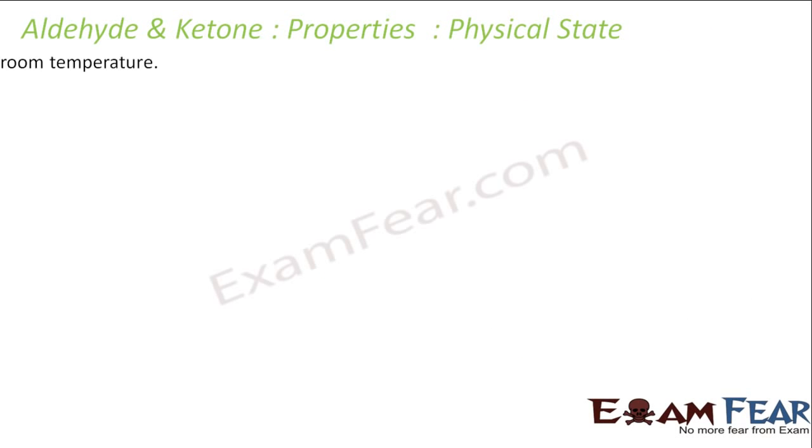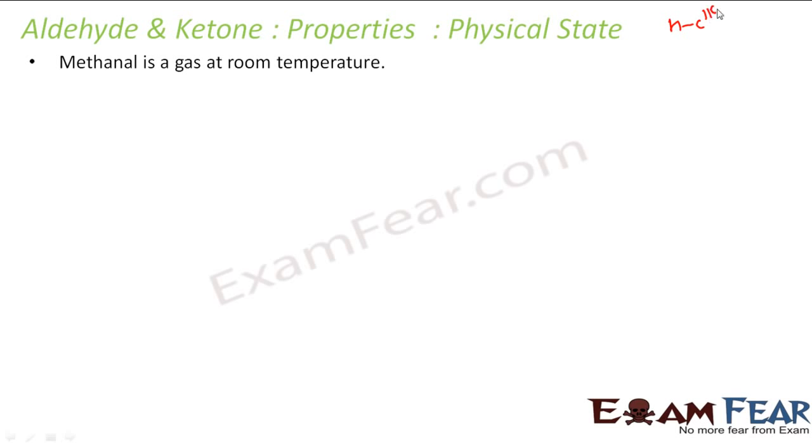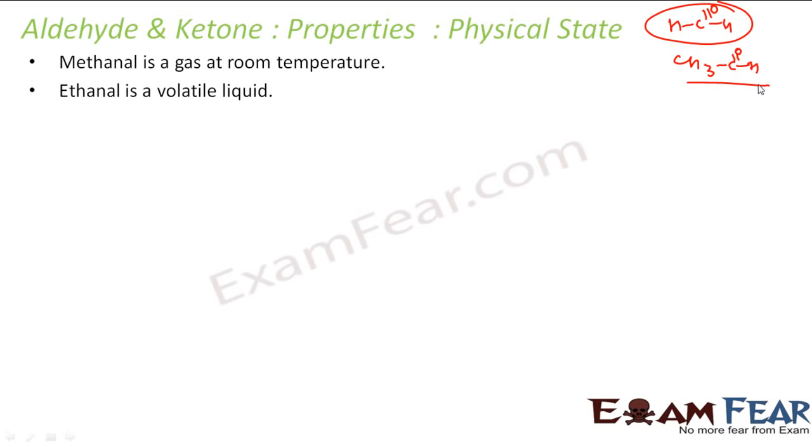So the first is the physical state. If you see methanal, the first aldehyde, HCHO, this is a gas at room temperature. And if you see ethanal, the next one, it is a liquid.